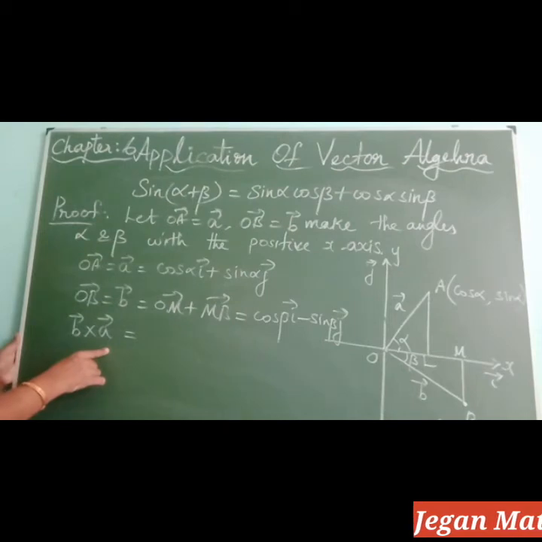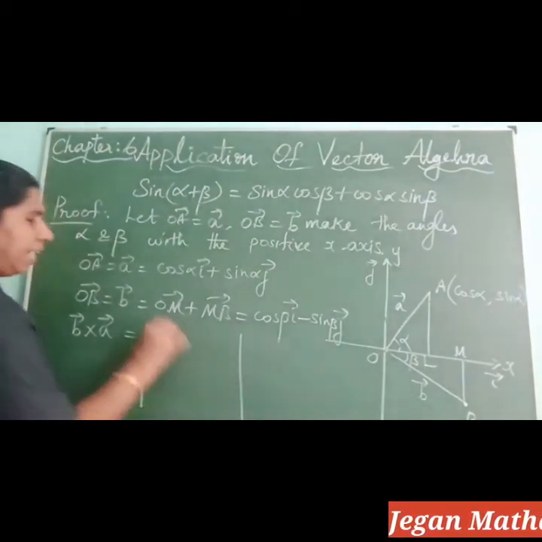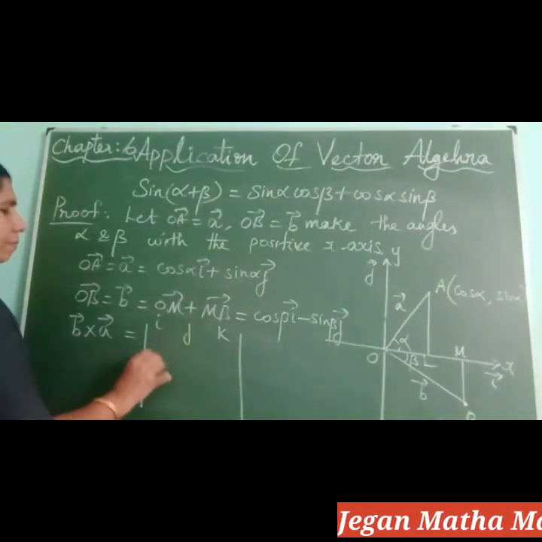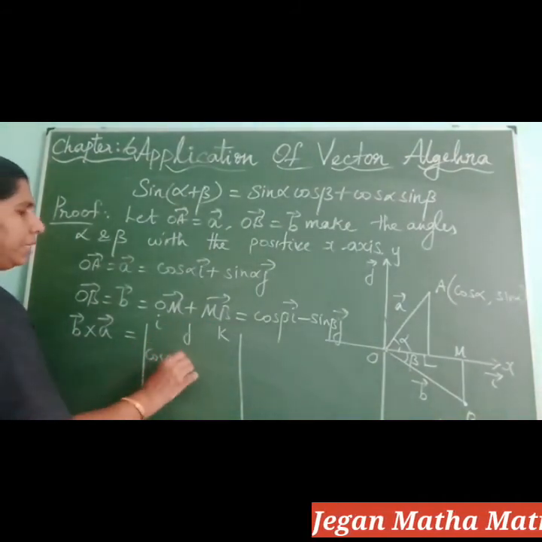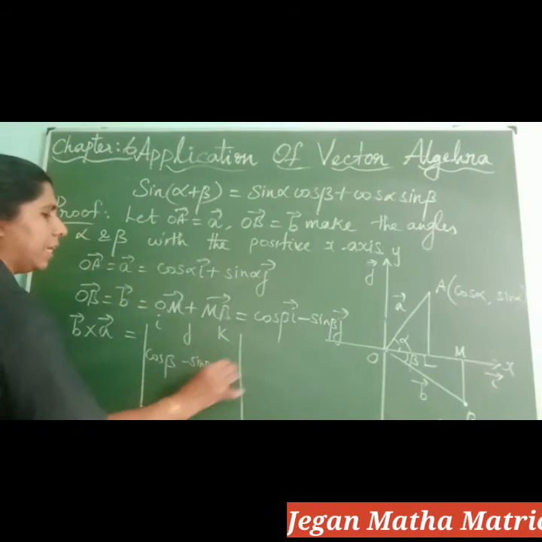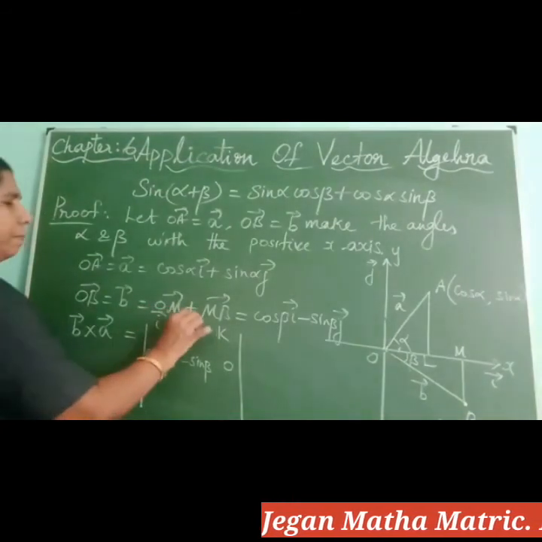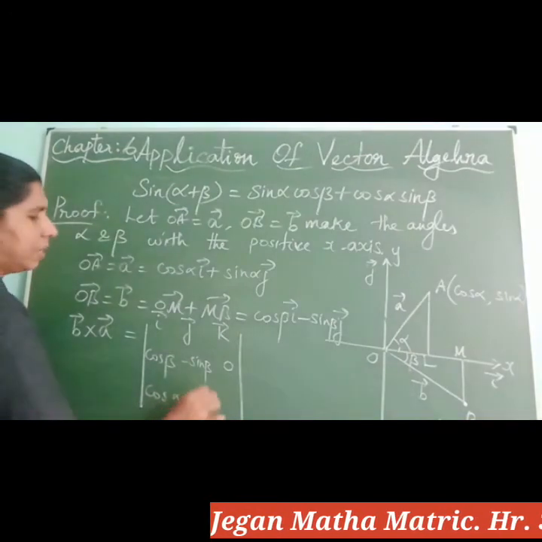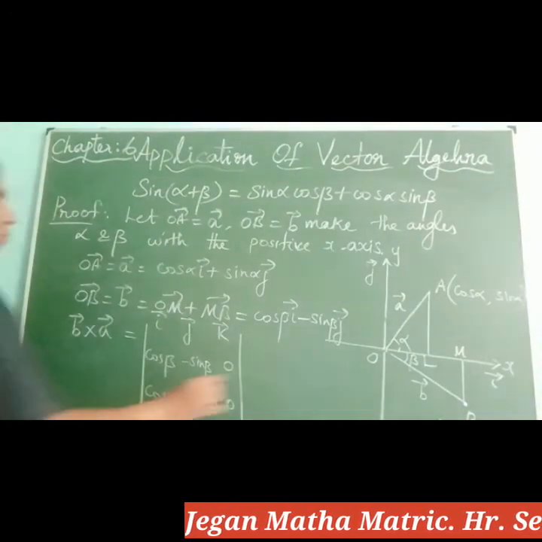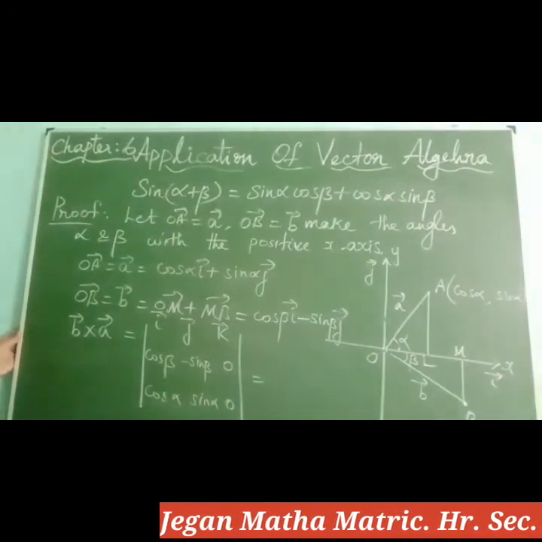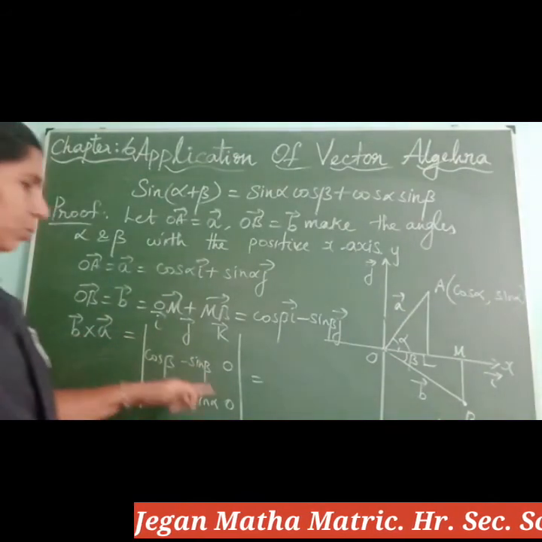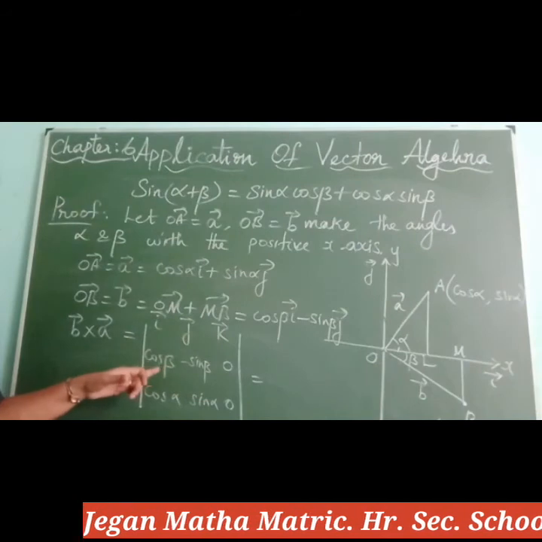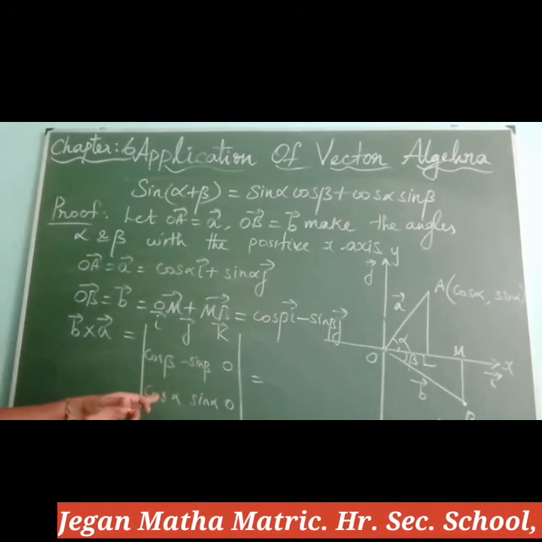Whenever we write the cross product, we take it in ijk determinant form. B cross A: cos beta, minus sin beta, 0; then cos alpha, sin alpha, 0. Ordinary expansion: i into, here you will get only 0, minus j vector into, that is also 0.